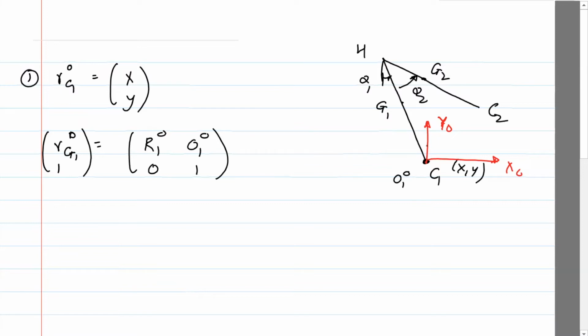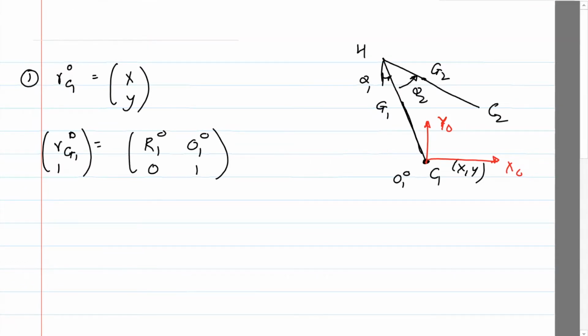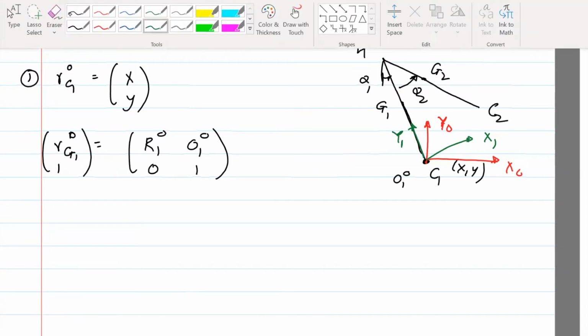And then R1 basically describes the relation between this frame x1, y1 with respect to x0, y0, which I will write in a bit.